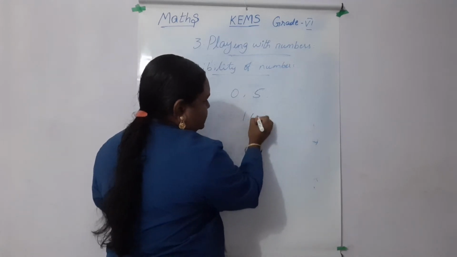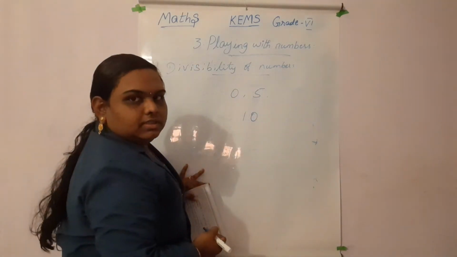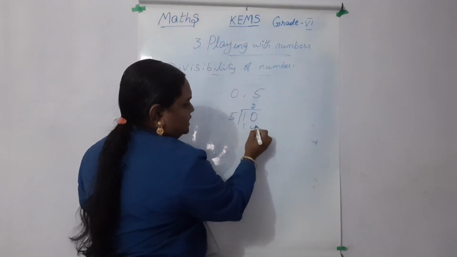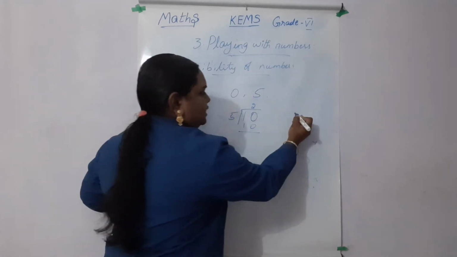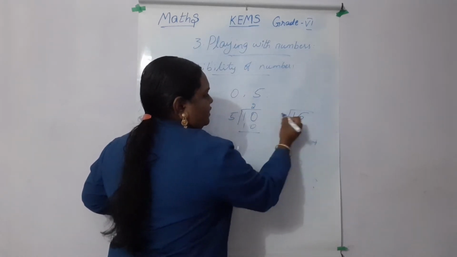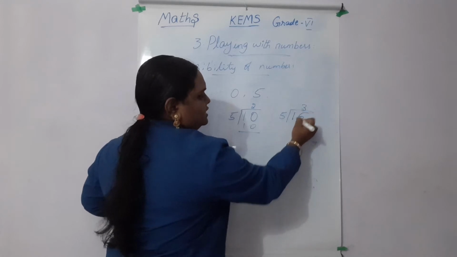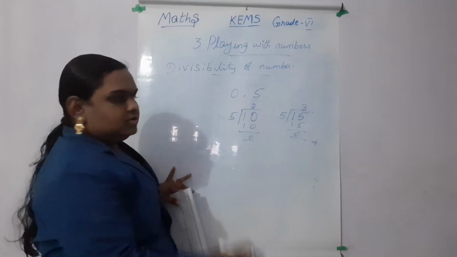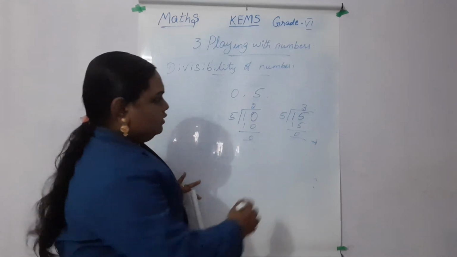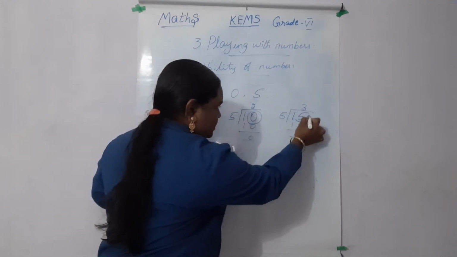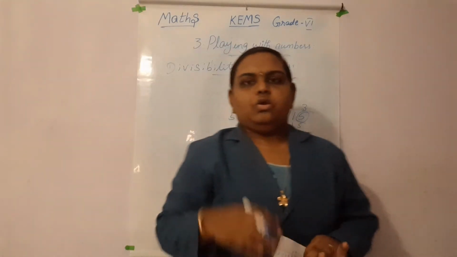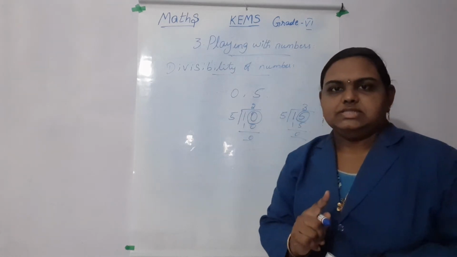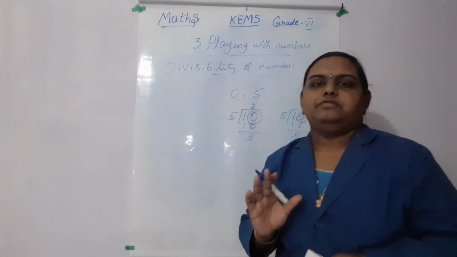If I take the number 10, it can be divided by 5: 5 2s are 10. If I take the number 15 and divide by 5, 5 3s are 15. So it is divisible. In the ones place, if we have 0 or 5, it can be divisible by 5.